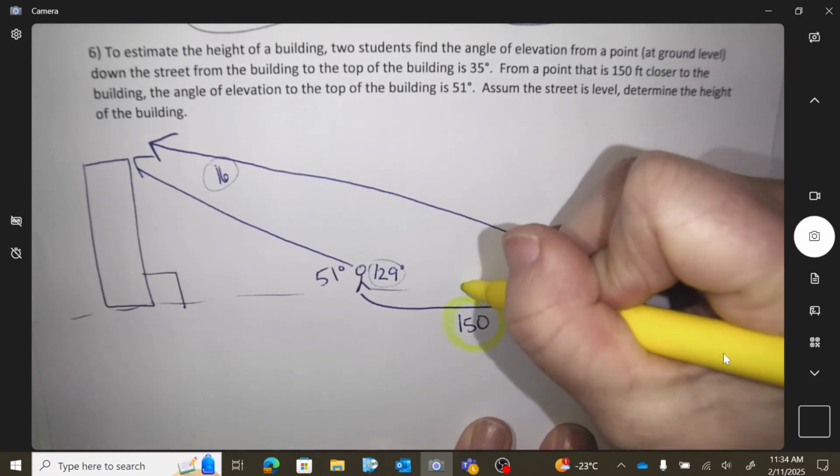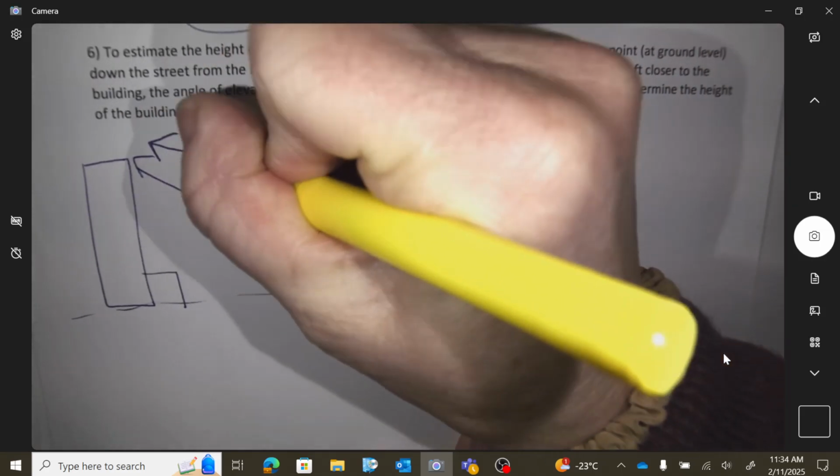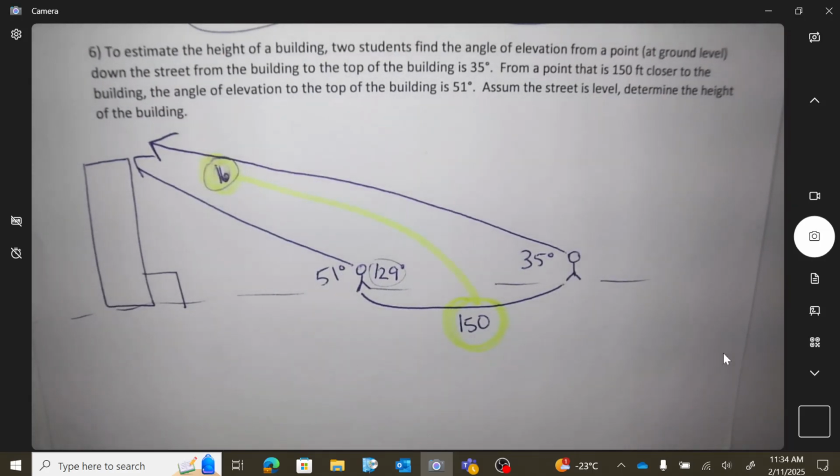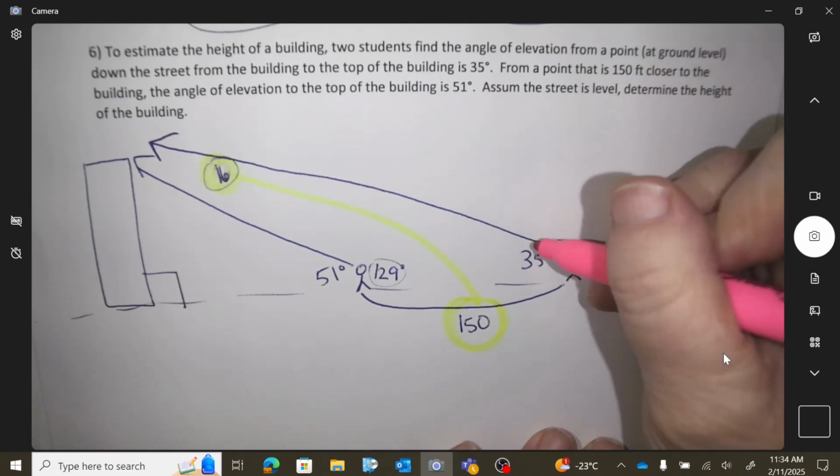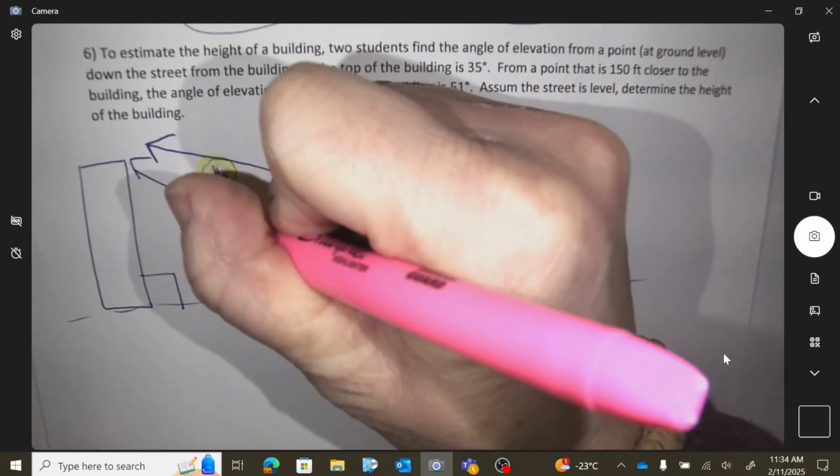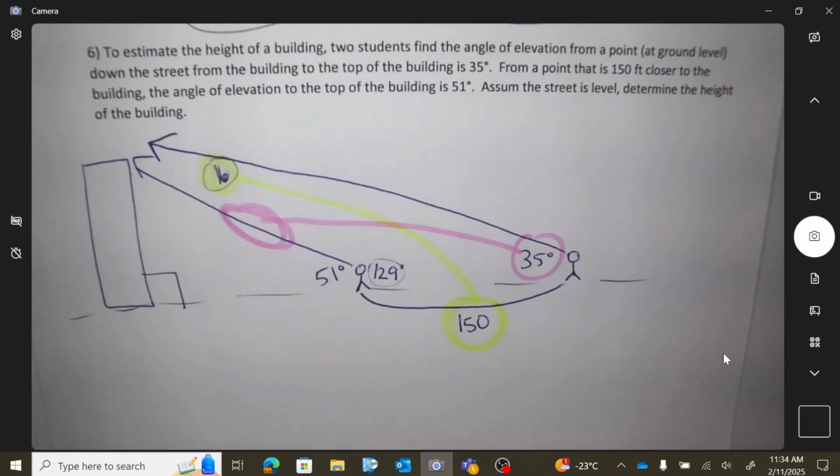So we did 150, 16 degrees pair. And then I'm going to create a pair. I'm going to do that side in the middle there. So you see my pairs?